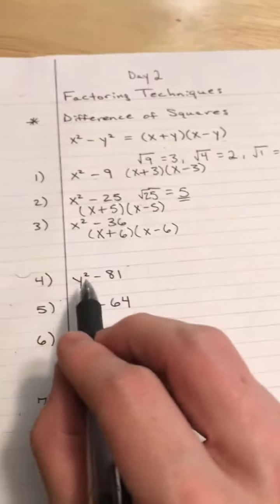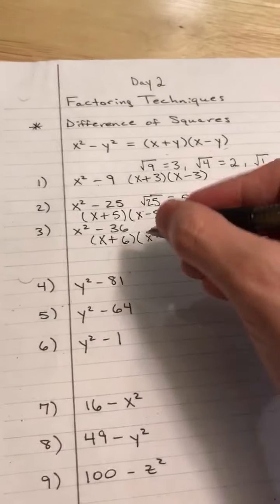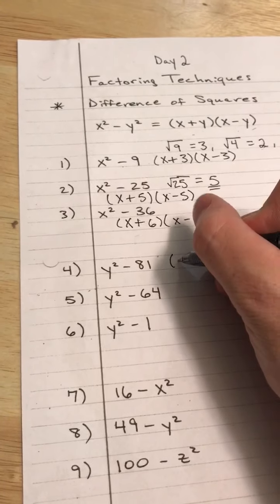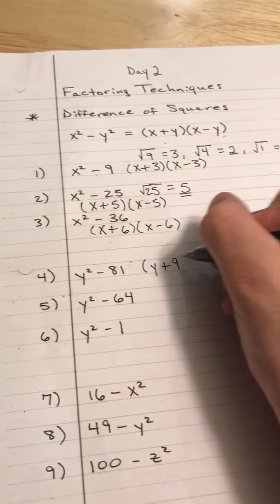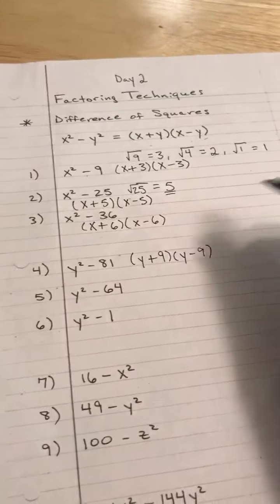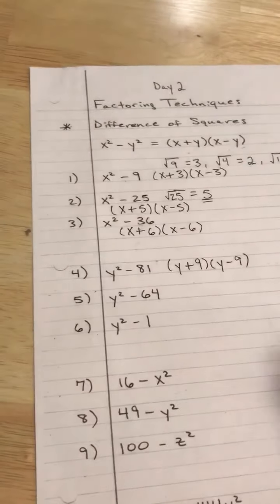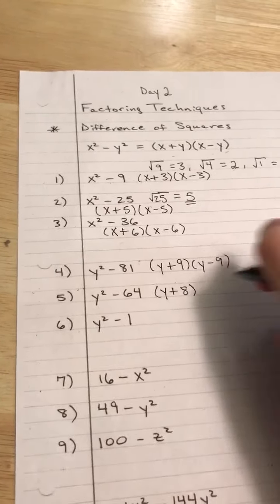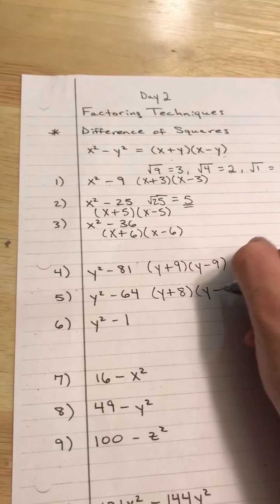All right, so now we got some y's, but we're going to write these the same way. The square root of 81 is going to give me 9, so it's going to be y plus 9 and y minus 9. Same way with this one, square root of 64 is 8, so y plus 8 and y minus 8.